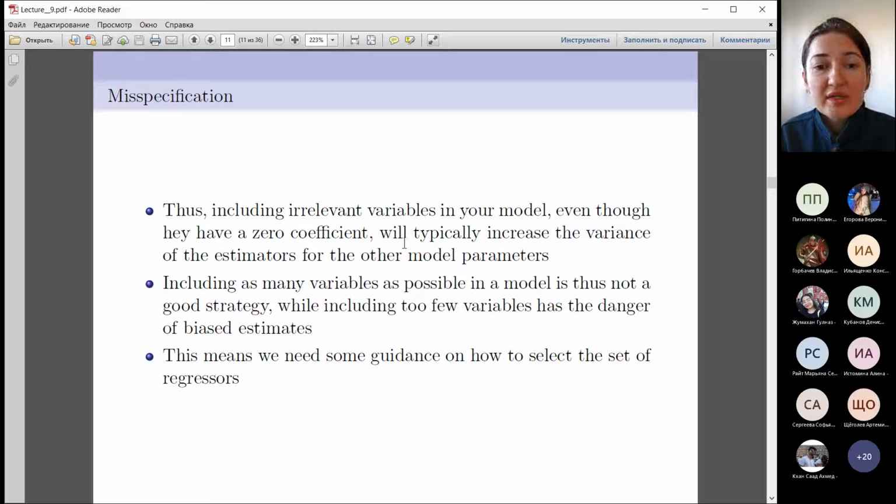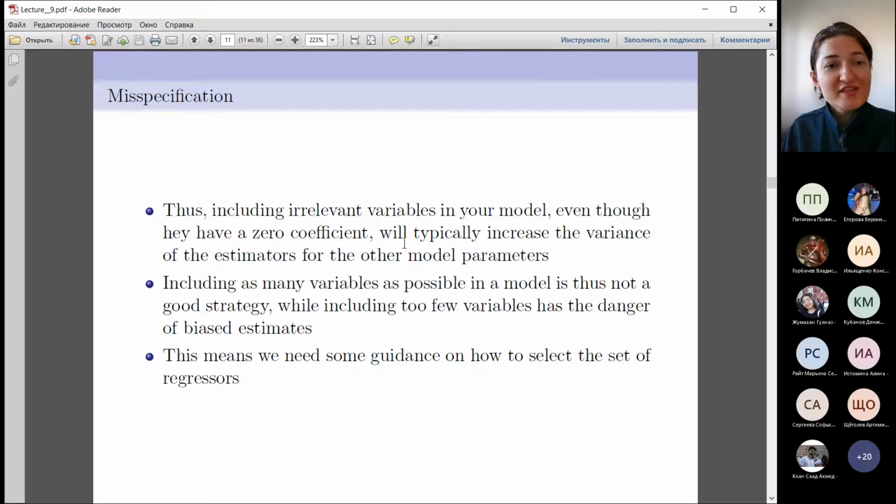But it typically increases the variance of the estimators for other coefficients in your model. So including many variables in your research is not a good strategy. Please remember about this, especially if you work with small samples.